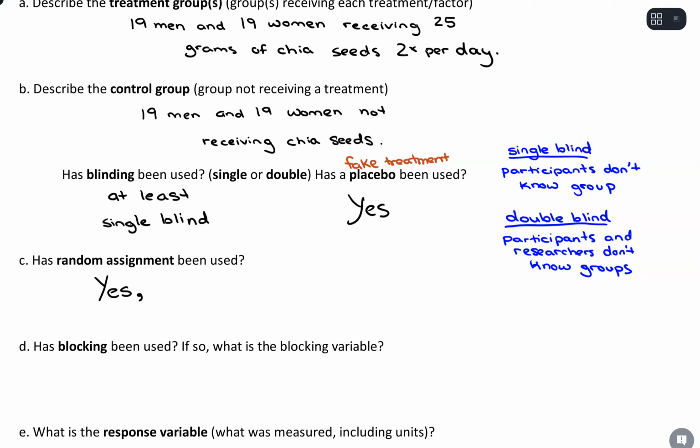So this random assignment, I'm going to go ahead and say yes. And just to emphasize, it's when separating the treatment and control groups. As much randomness as you can get in there really only strengthens the study, but especially when choosing treatment and control groups.